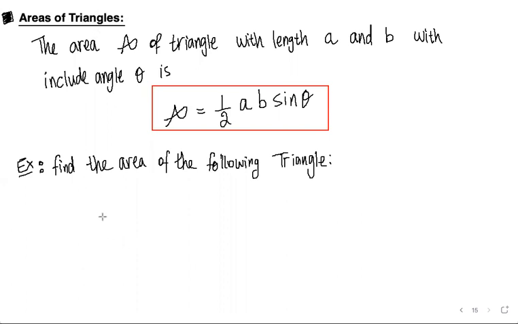So suppose my triangle is something like this. This angle is 120. This side is 3 centimeters, and this one is 10 centimeters. The question is find the area of this triangle.